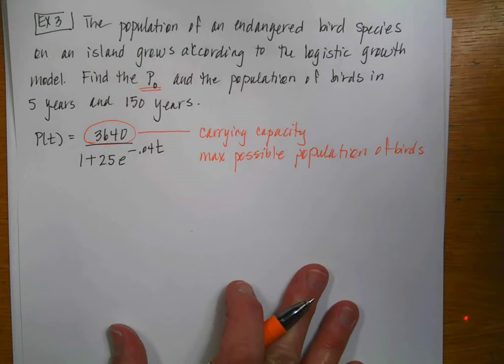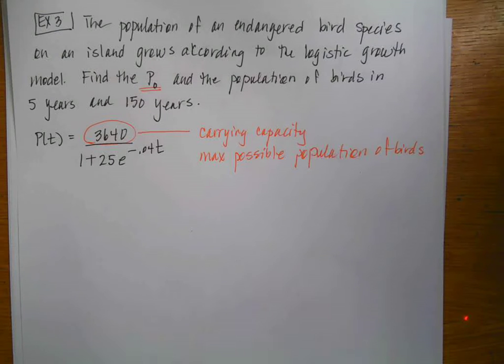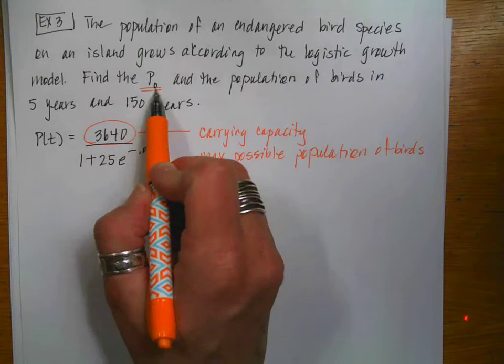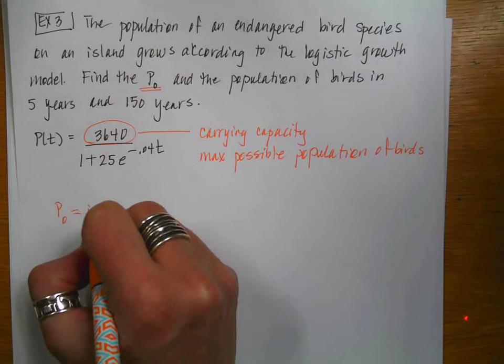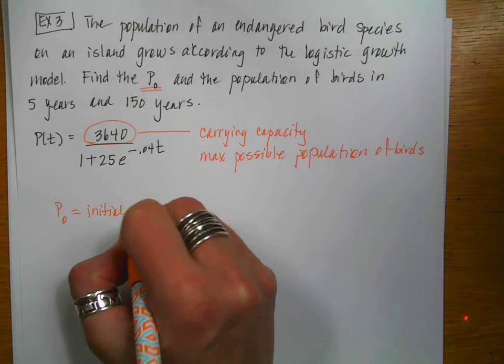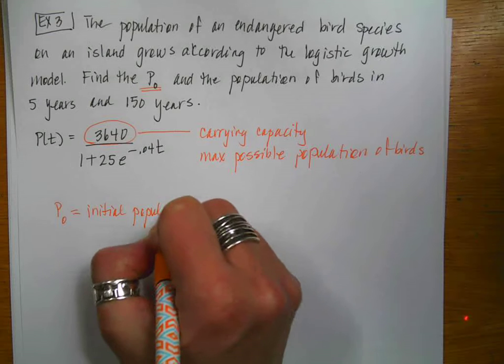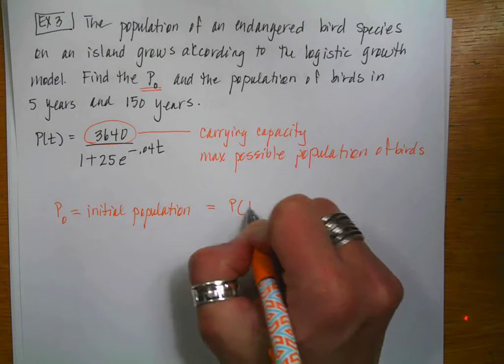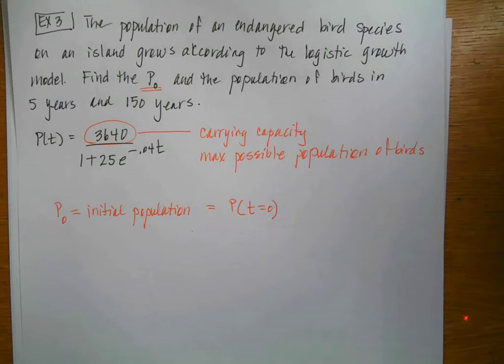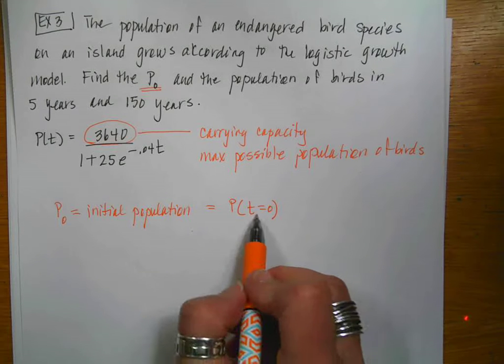Maybe it's because the natural predators will eat them if the population gets past that much. So the first task says, what is P sub 0? Well, remember, P sub 0 is the initial population. That also means it is the population when time is equal to 0.